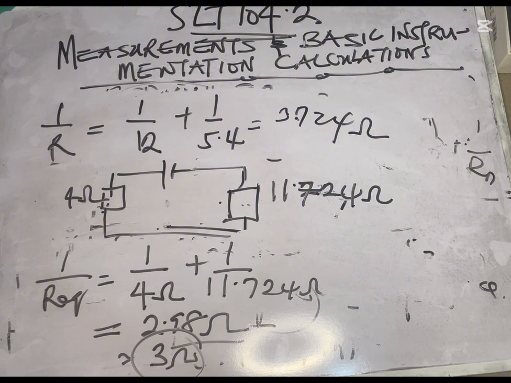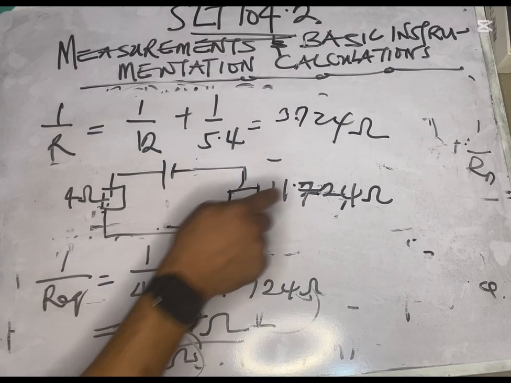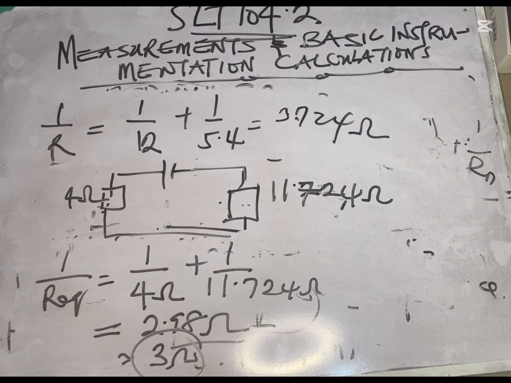So we just added them straight, and we had 11.724. So 11.724 was now parallel to 4 ohms, and we solved it and got 2.98, approximately 3 ohms.